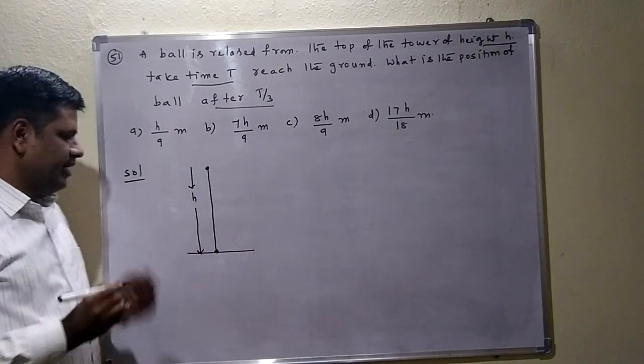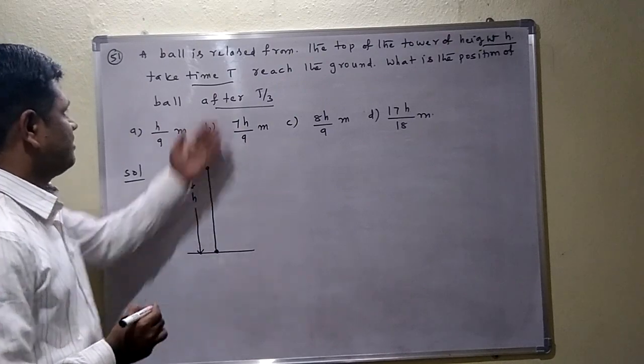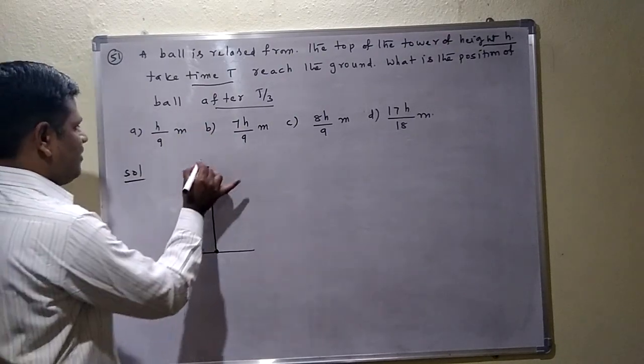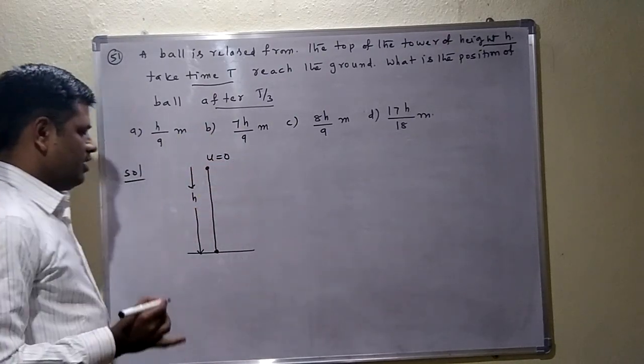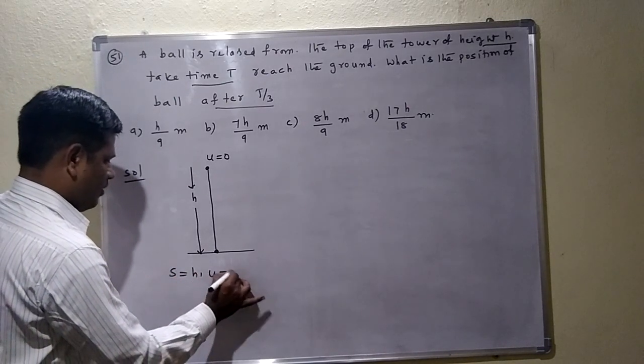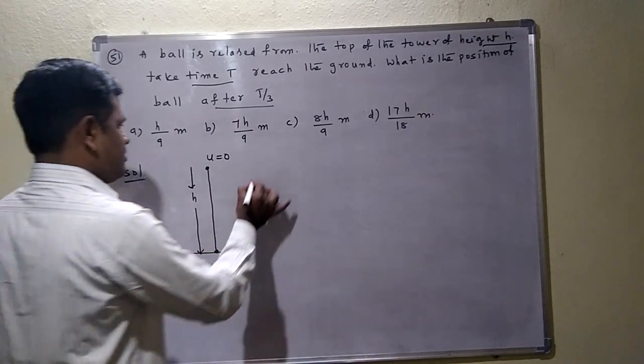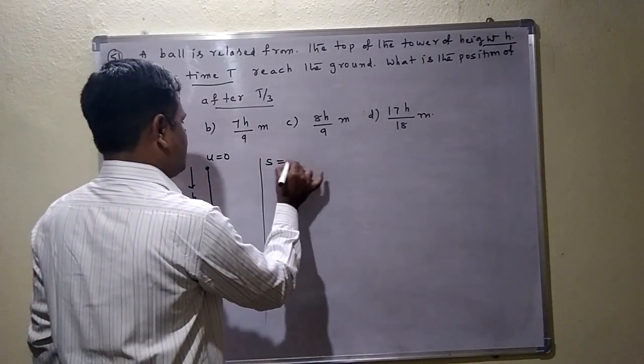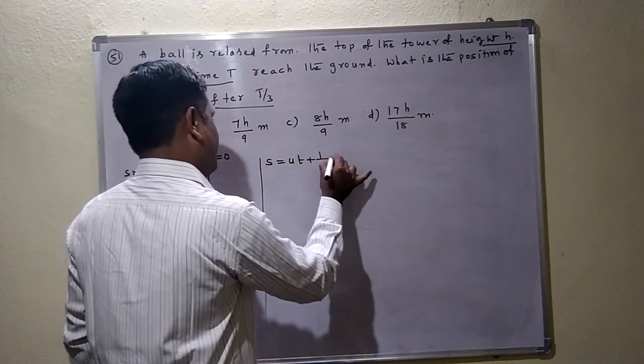For traveling this height h, the ball takes time t. Here the initial velocity is 0. The distance traveled is s equal to h, u equal to 0. So the distance formula according to kinematics is s is equal to ut plus half at square.